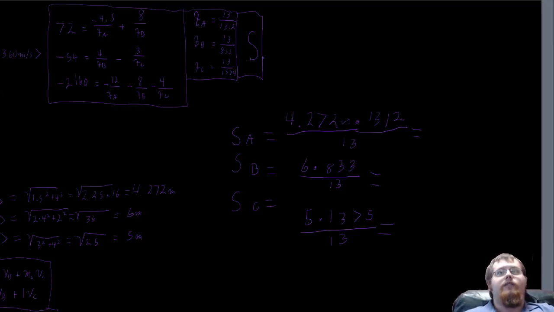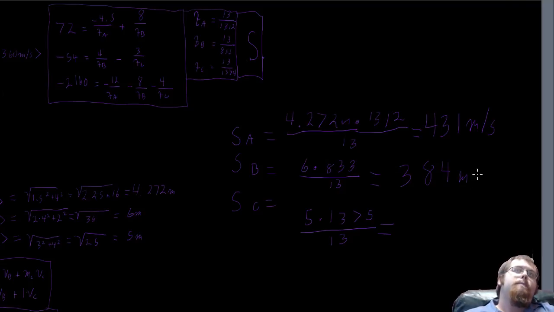So going round it, to the correct number of sig figs. So this is going to be 431 meters per second. Second one is going to be, let's see, 833. I'm going to divide that by 13. 384 meters per second.